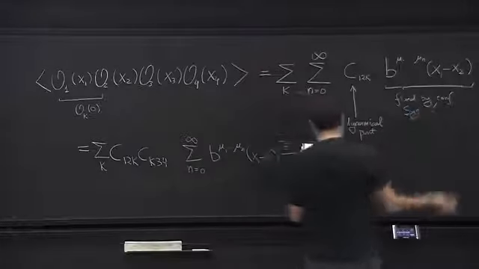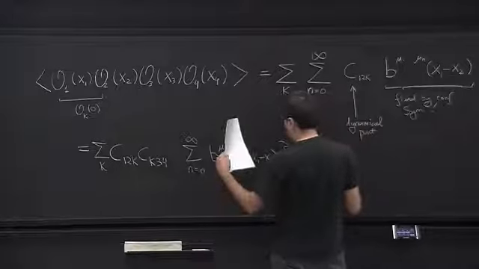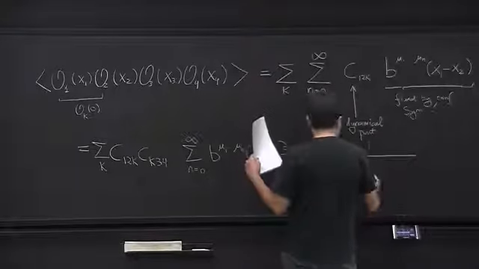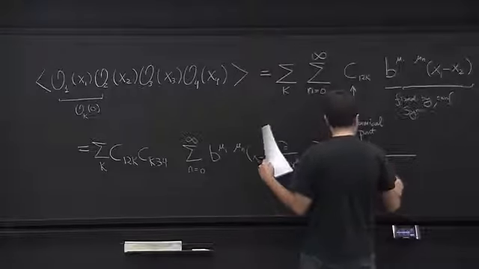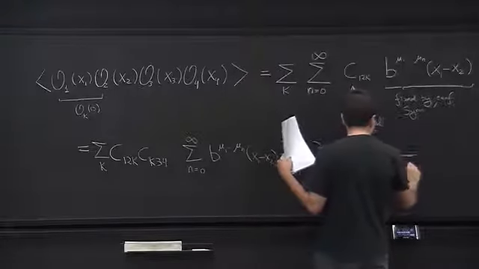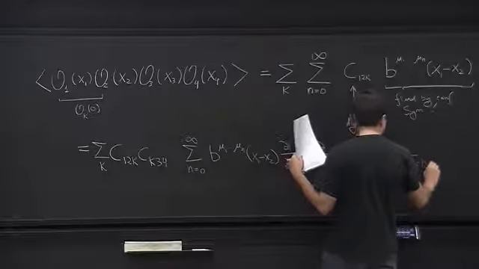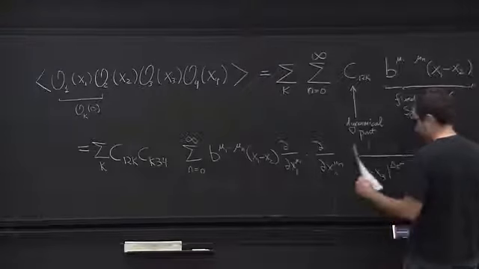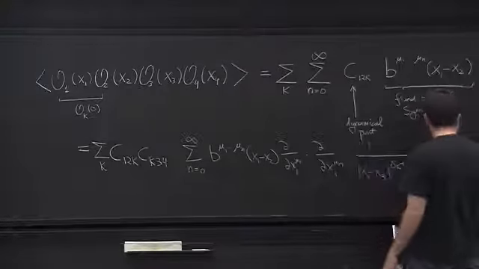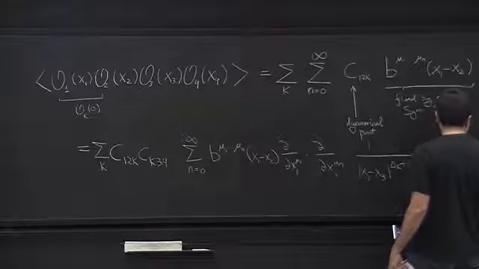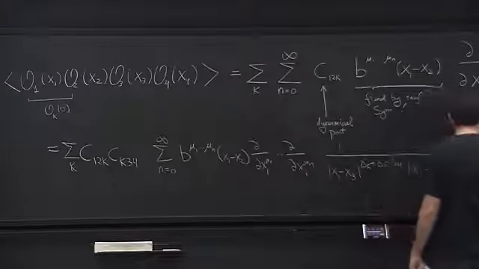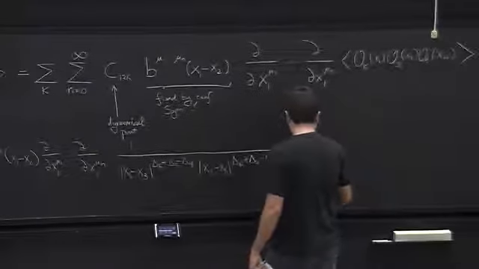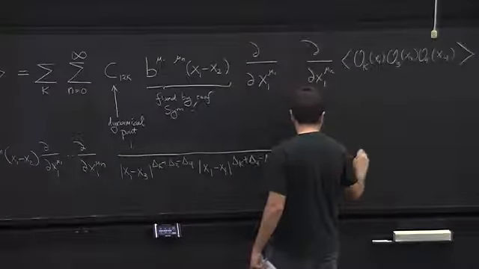What is the 3-point function when I took out the structure constant? It is just a space dependence: 1 over |x1 minus x3| to the power delta_k plus delta_3 minus delta_4, |x1 minus x4| to the power delta_k plus delta_4 minus delta_3, and |x3 minus x4| to the power delta_3 plus delta_4 minus delta_k.